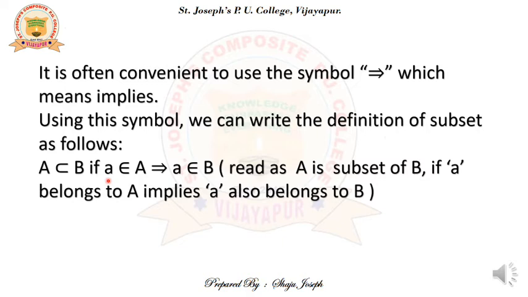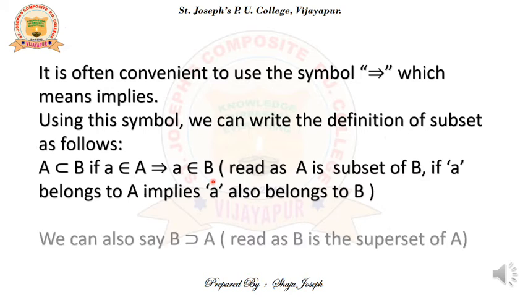It is an element, an element which belongs to A implies the same element also belongs to B. How do we read it? A is a subset of B if a belongs to A implies a also belongs to B. Or we can say that B is a superset of A.